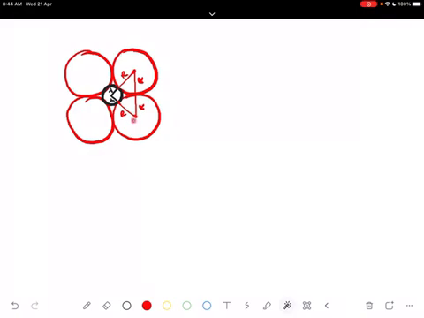According to Pythagoras, this is the relation. So (R plus r) whole square plus again (R plus r) whole square is equal to (2R) whole square.